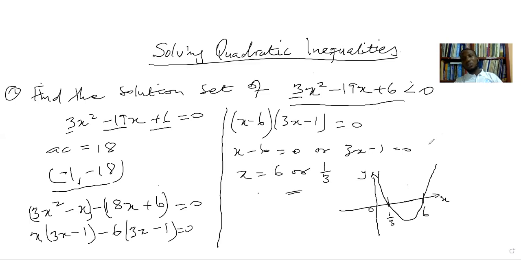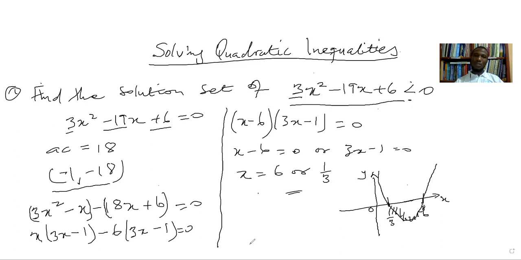We say we shade below the x-axis if the inequality sign is less than, and above if the inequality sign is greater than. So in this case, our inequality sign here is less than. So for that matter, we are shading below the x-axis. So it means that our x are the values between 1/3 and +6. So that becomes our answer.